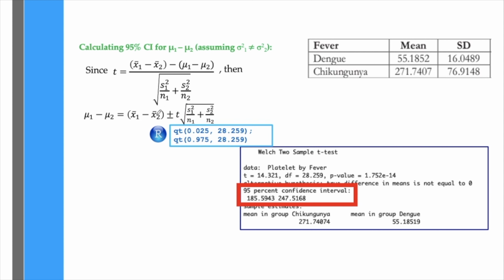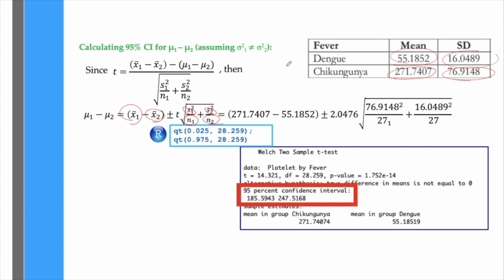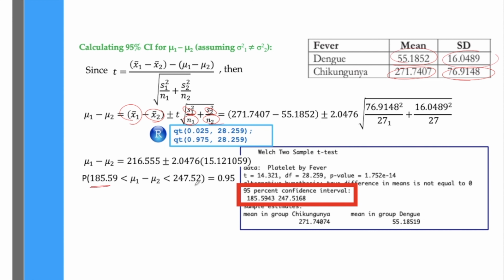Using that value of t together with x bar sub 1, let's say 271.7407, s sub 1, which is 76.9148, n sub 1, which is 27, x bar sub 2, let's say 55.1852, s sub 2, which is 16.0489, and n sub 2, which is 27, we're going to have these values, which leads to 185.59 to 247.52.